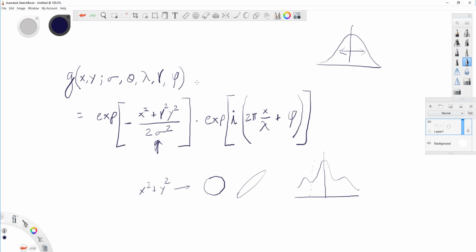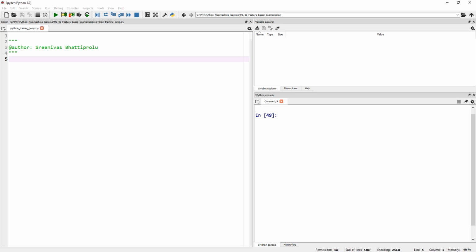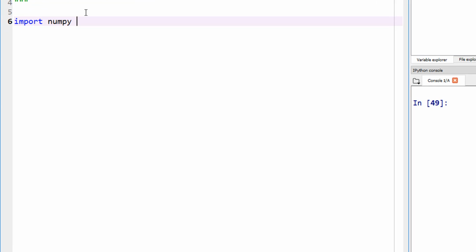Now let's actually visualize this in Python. For that, let me fire up my Spyder interface here, and let's start importing the libraries that we need, starting with NumPy as np.